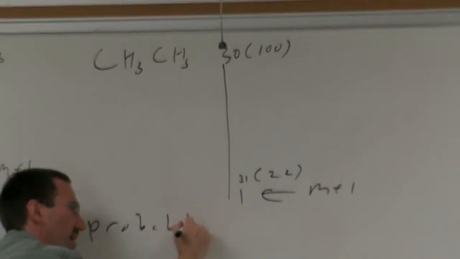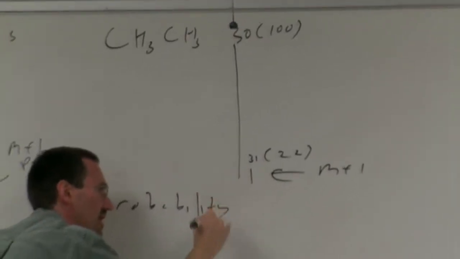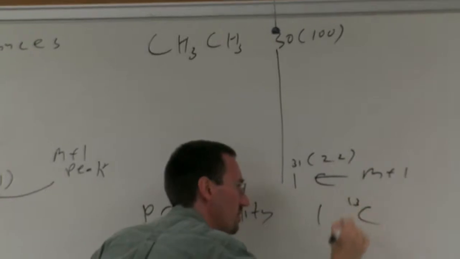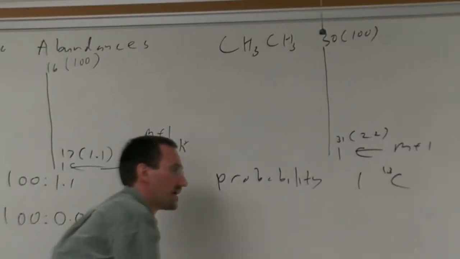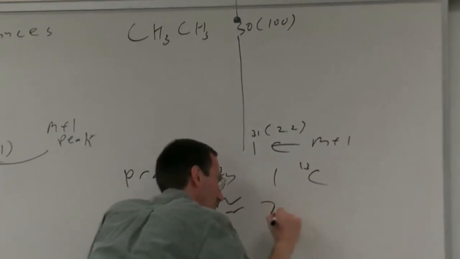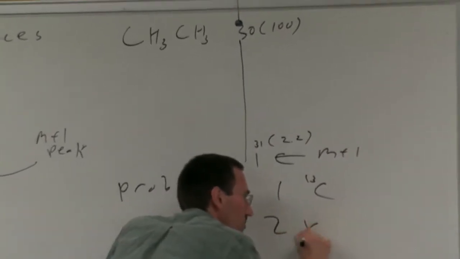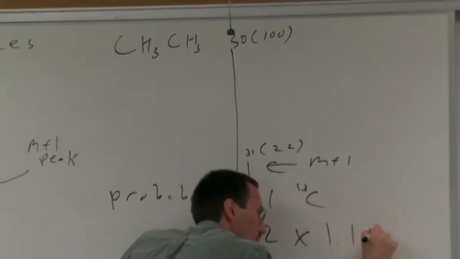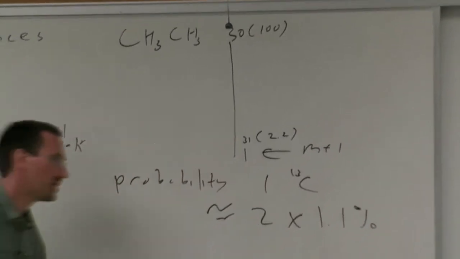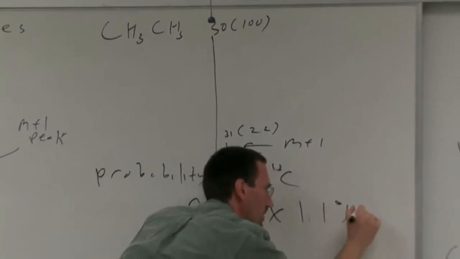We'll just forget about heavy hydrogen because it's essentially nil. But the probability of 1 C13 in your molecule is approximately equal to, it's not exactly equal to because this is not how you do statistics, but it's approximately equal to 2 times 1.1% or 2.2%.